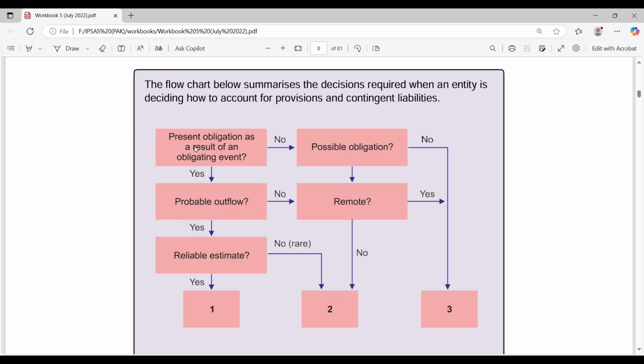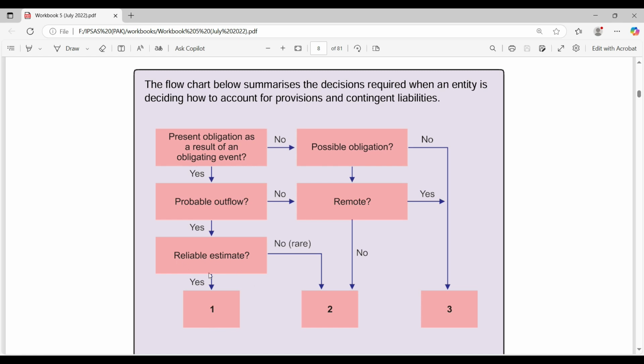See here, present obligation as a result of an obligating event, yes. Probable outflow, no. At the current moment, probable outflow, no, but you have given a guarantee. It means remote, no. Contingent liability. When there is a higher chance, a probable outflow, and there is a reliable estimate, you fix the provision.